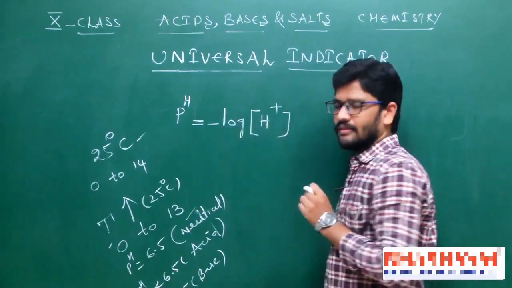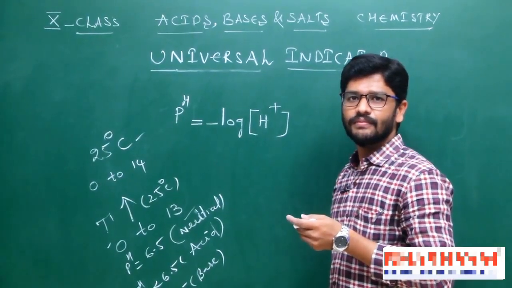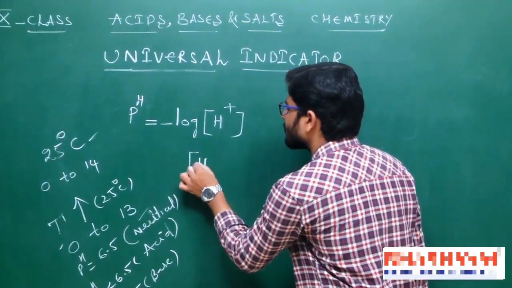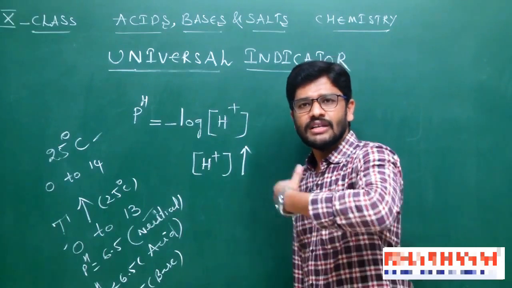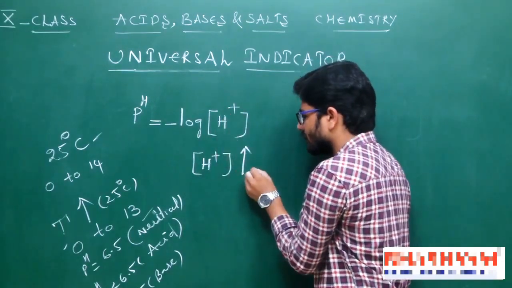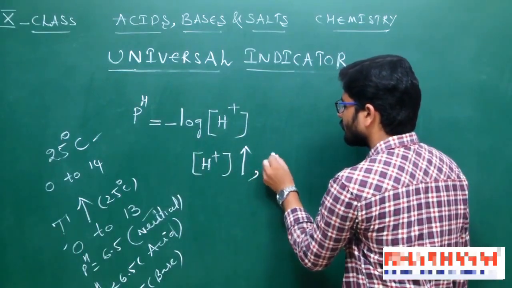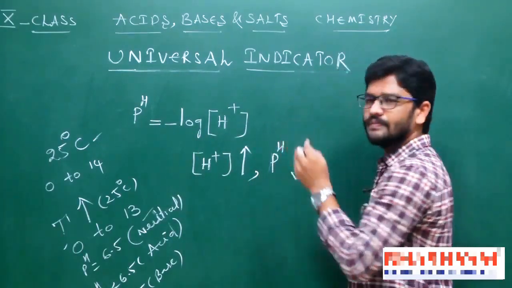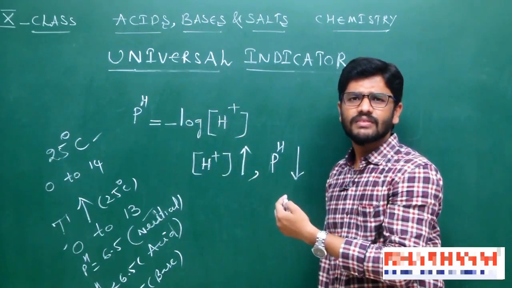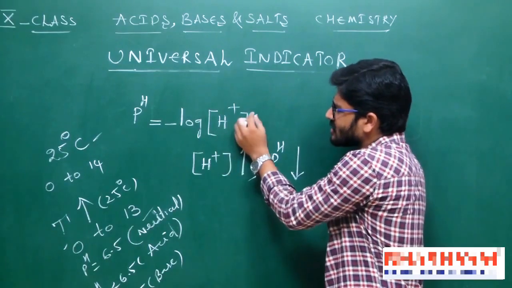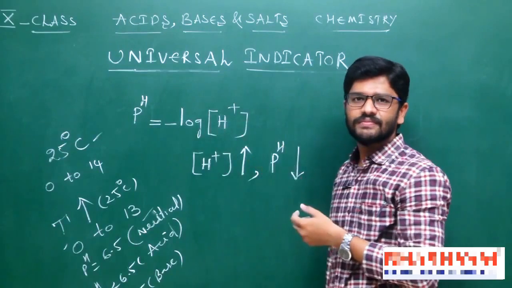From this expression, we can say that if the concentration of H plus ions is more, then pH will be less. Why, sir? Because it is a negative logarithm.